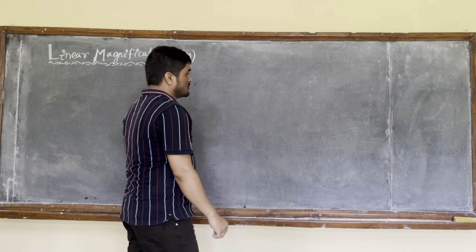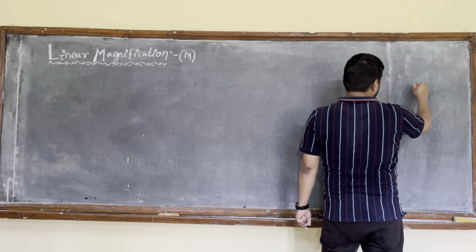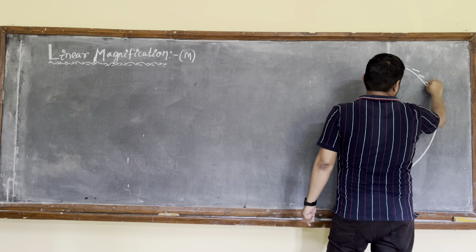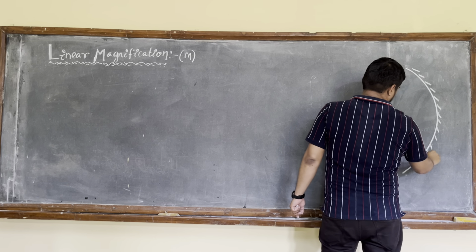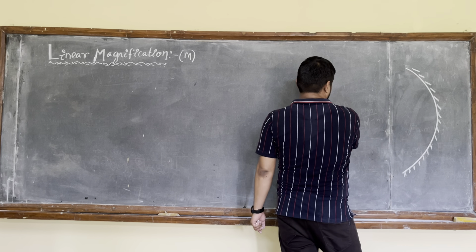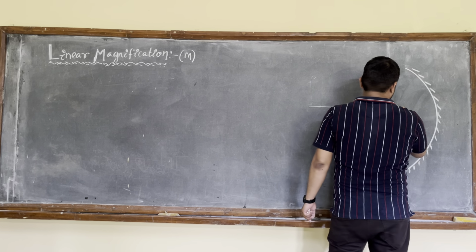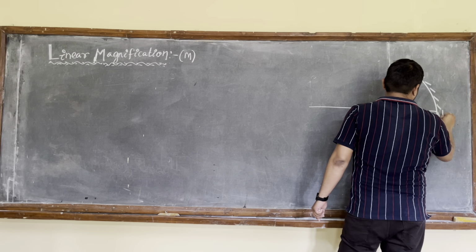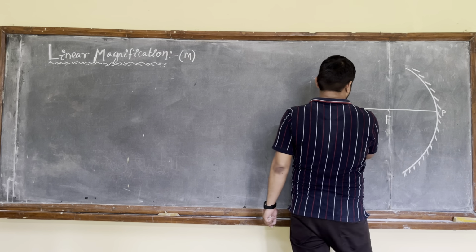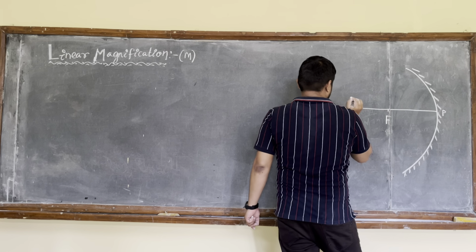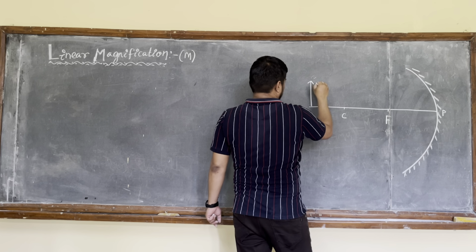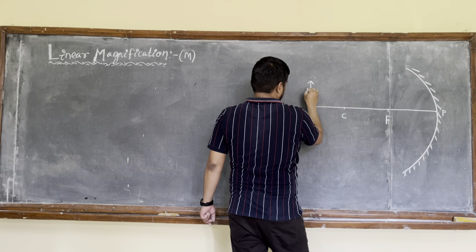And first we have to draw the ray diagram, and let this be a concave mirror, which is a spherical mirror, and let this be the principal axis and this point is pole, and this is the focus, and this is the center of curvature, and let the object be situated here, AB.